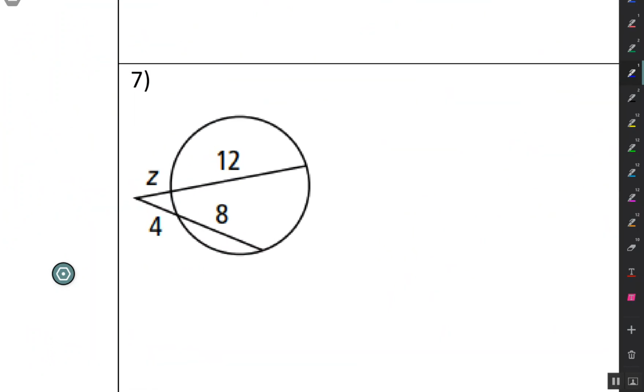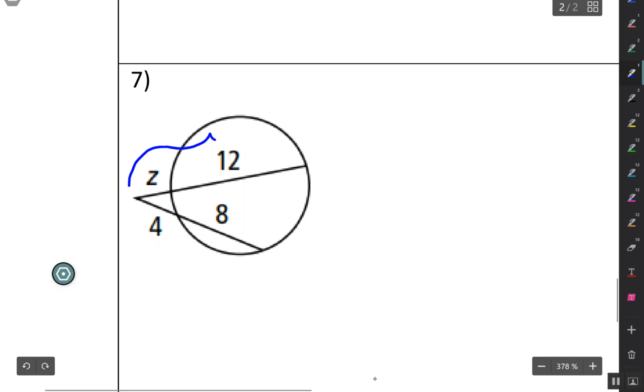One more for the basic ones. Outside times the whole equals the outside times the whole. Now, this one's a little bit harder because we have the outside, which is z. The whole is going to be z plus 12.